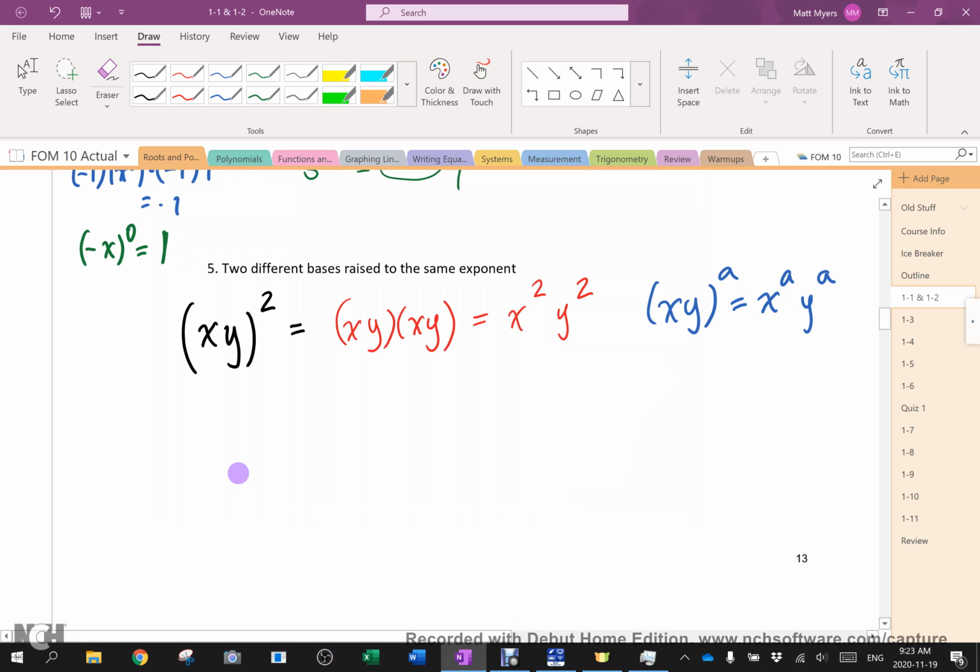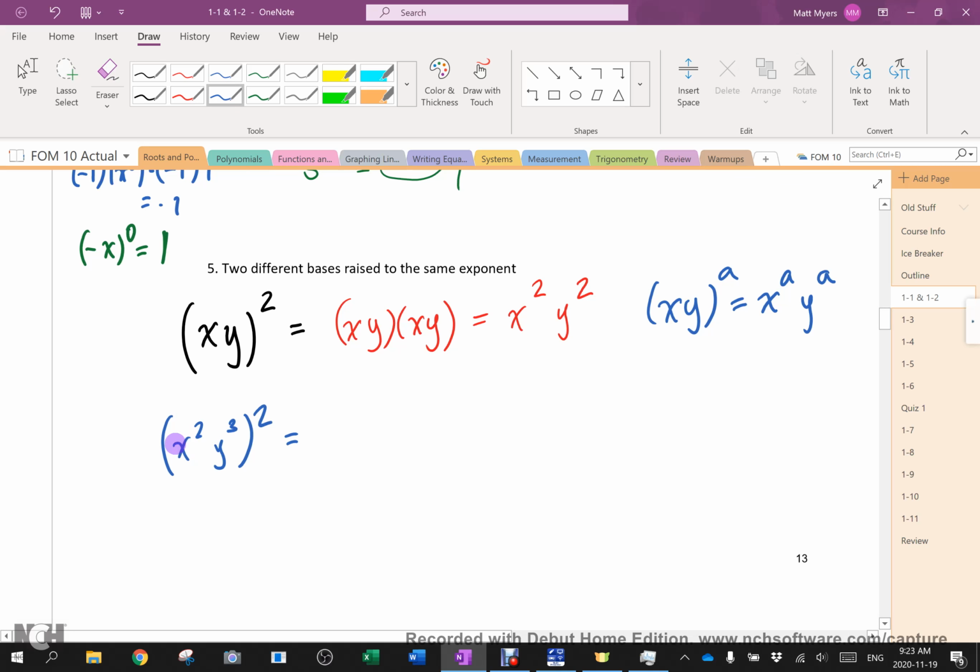All right, now, ladies and gentlemen, you're going to notice that for every law from here on, I'm going to stop you along the way and remind you that all the previous laws still apply. All right? So if I gave you this, x squared, y cubed, squared, how many ways could we write this down?